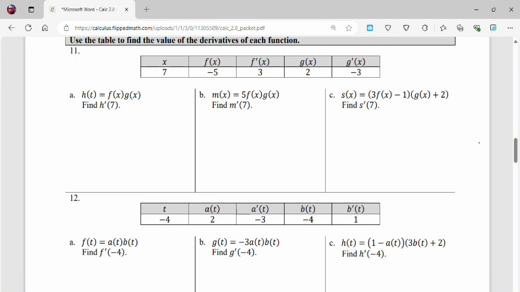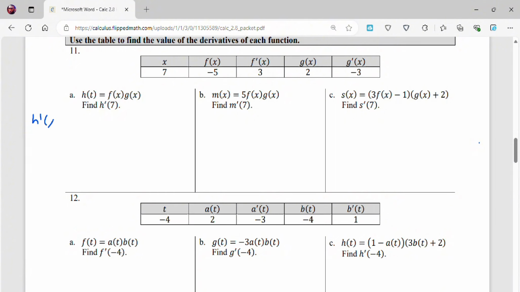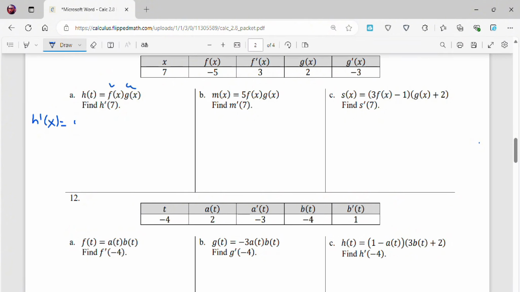11. So we have a table with our x value and f, f prime, g, and g prime of x. Let's look at letter A. h of x equals f of x times g of x. Find h prime of 7. So first, to find h prime of 7, we need h prime of x. Then again, we're going to use product rule. So g of x is going to be u, f of x is going to be v. I accidentally made them the opposite.